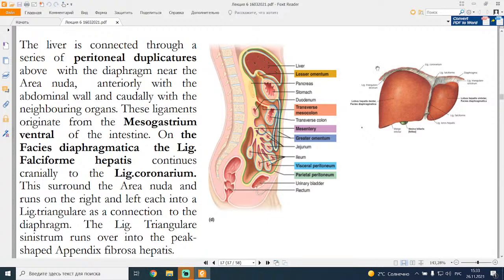The ligamentum triangulare sinistrum runs over into the peak-shaped appendix fibrosa hepatis.